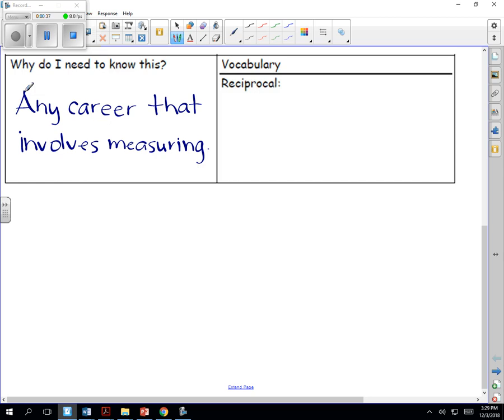The mathematical definition of reciprocal is any number times its reciprocal equals 1.